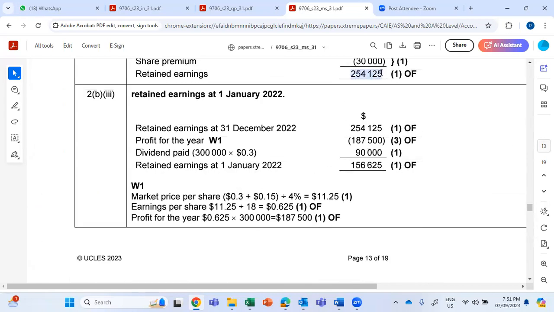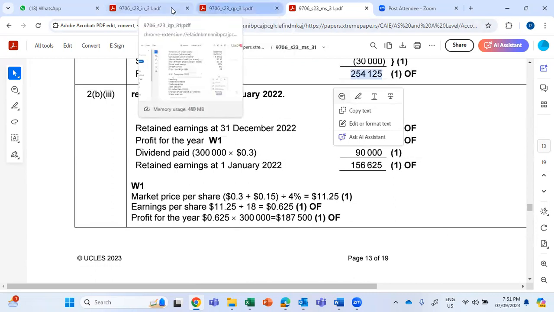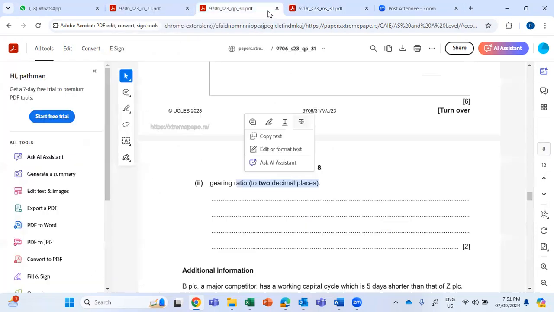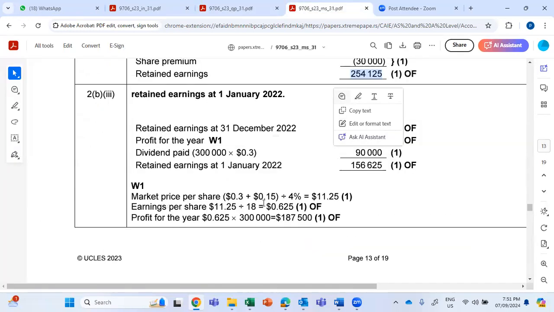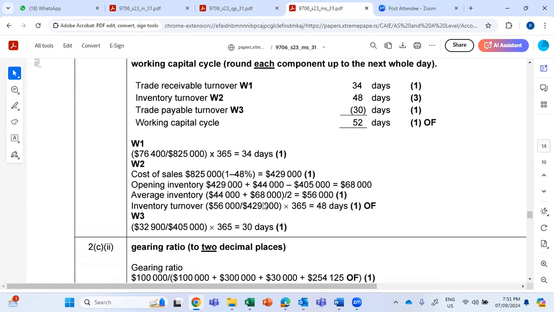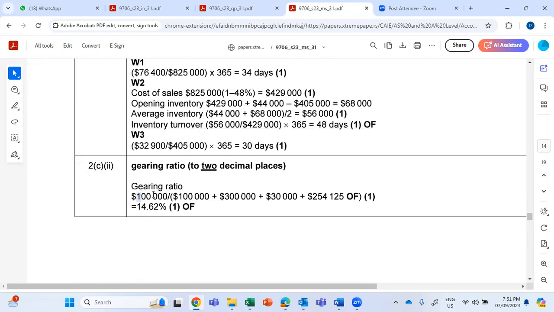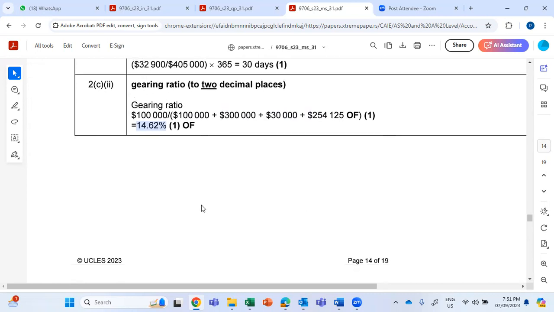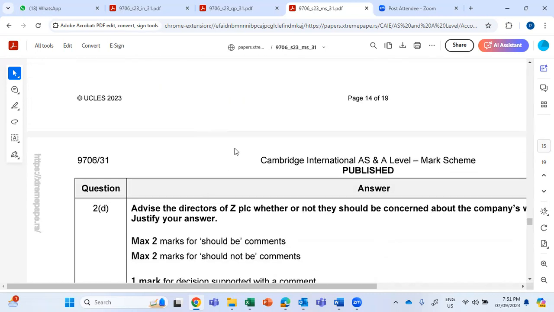There's no general reserve, there's no revaluation reserve. So non-current liability over non-current liability plus equity. This will give us 14.62% to 2 decimal places.